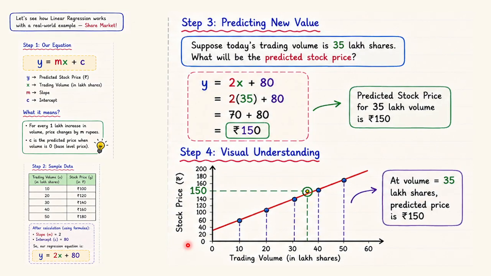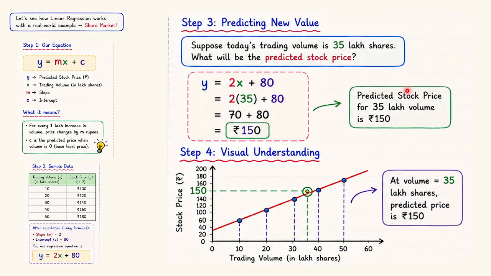Now comes step 3, predicting a new value. Suppose today's trading volume is, let's say, 35 lakh shares. So x is equal to 35, and we want to predict the stock price. Simply in this equation, y is equal to 2x plus 80, we put the value 35 and finally we get 150.